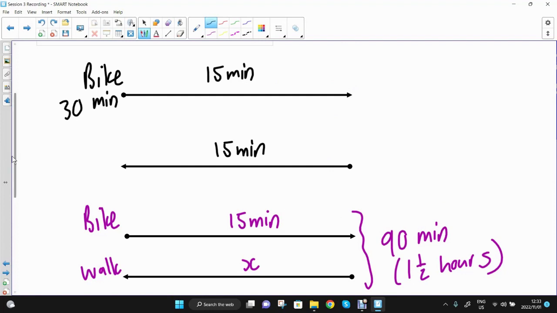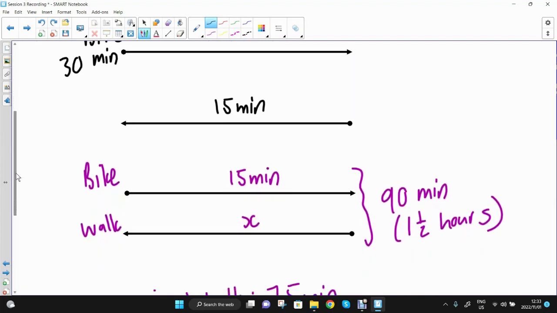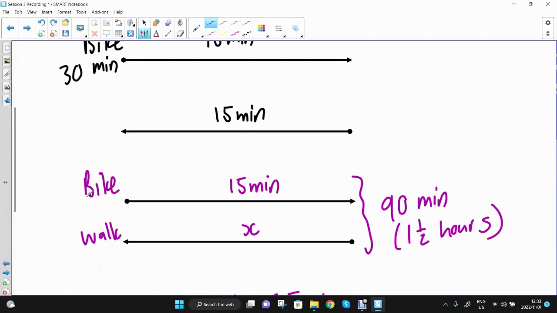And then what they said, the next bit of information, is that they gave you the fact that if you go first bike and then you walk home, all of that is going to take you 90 minutes. They said 1.5 hours. But we know from the top scenario that if I'm going to take the bike, I know that this trip is going to take me 15 minutes. So all I need to figure out is what the time is going to be for me to walk home.